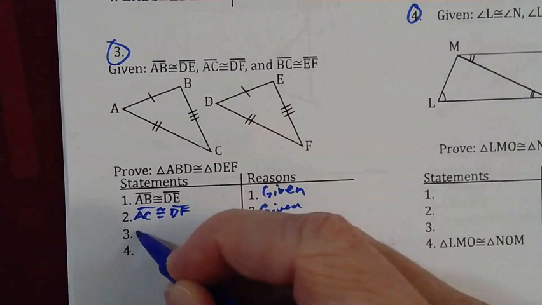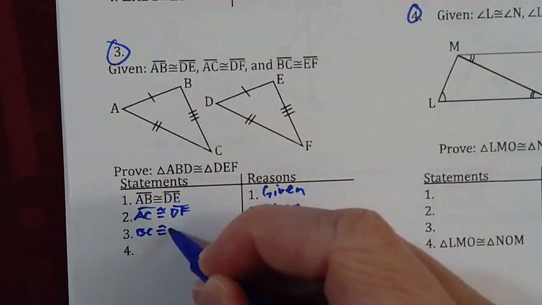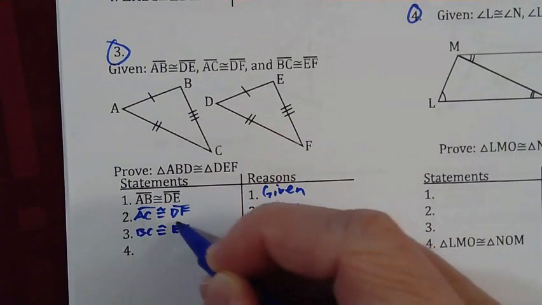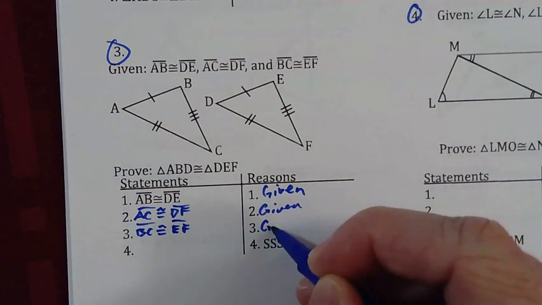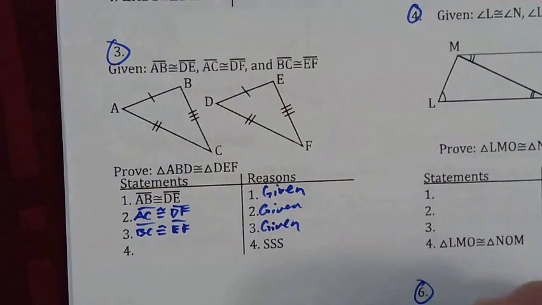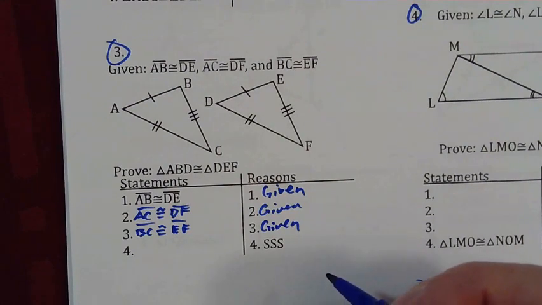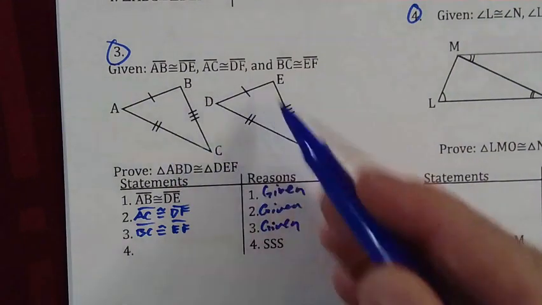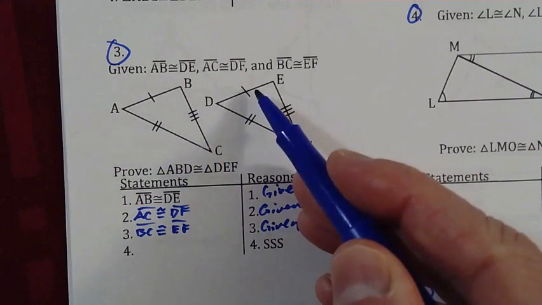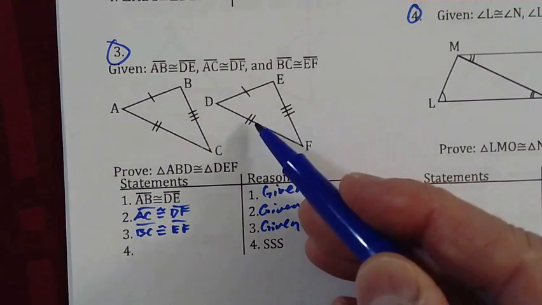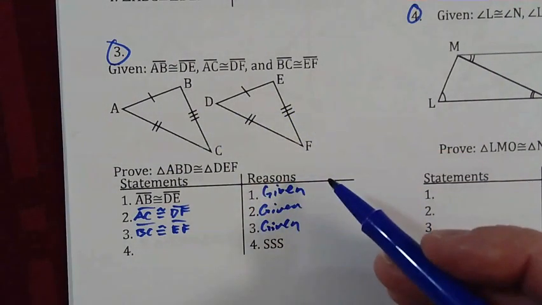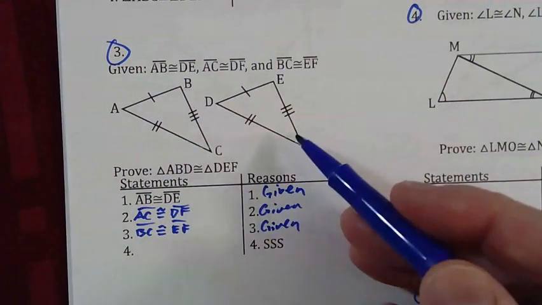They also told me that segment BC was congruent to segment EF, and once again, that is given. So just copying down the given information, I've got most of my blanks filled in already. They've got the diagram marked already, AB and DE, AC and DF, BC and EF, and I've got everything that I need.